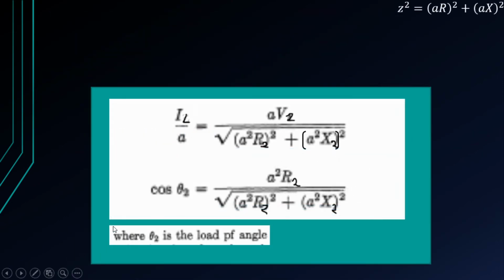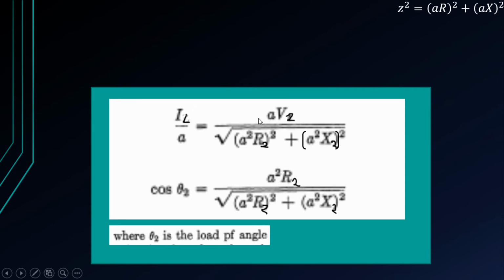Next, here another formula for getting the I sub L prime. I sub L prime is equal to I sub L over A. So, under the step-up process, the step-up transformer, the current, we are going to divide it by the turn ratio.